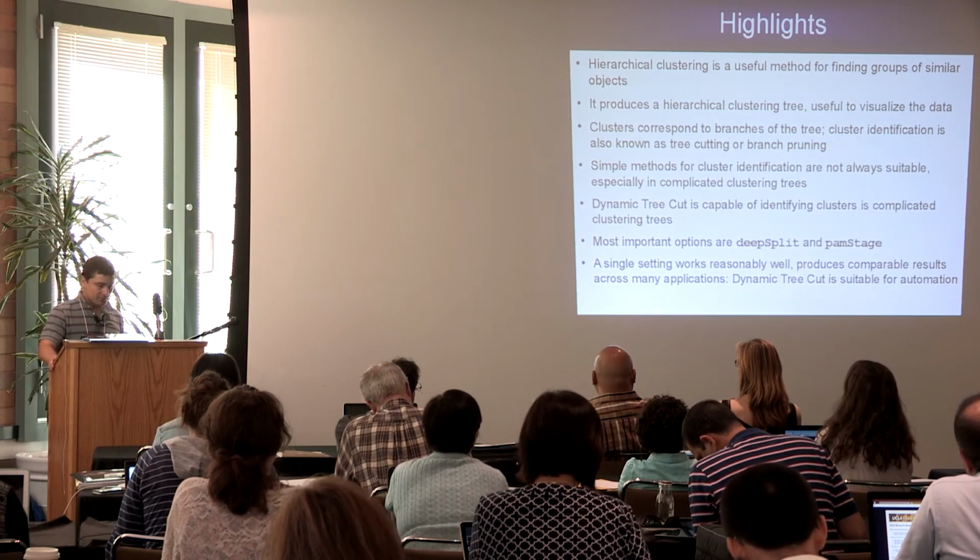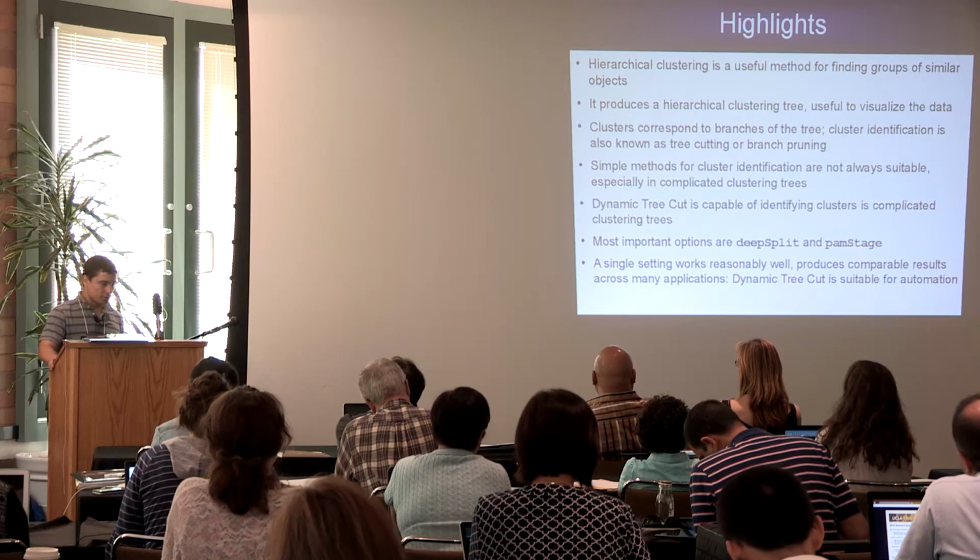There are simple methods for cluster identification which are very intuitive, but they don't always work well. They're not always suitable. So more complicated methods like the dynamic tree cut are capable of identifying clusters in more complicated trees.